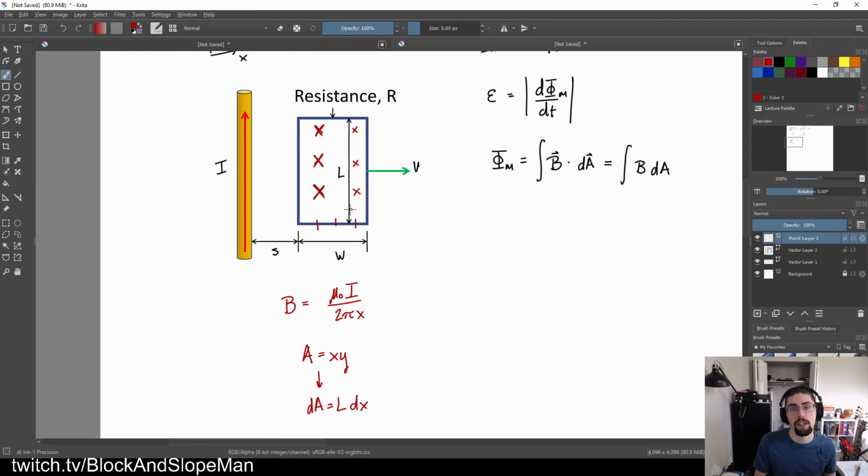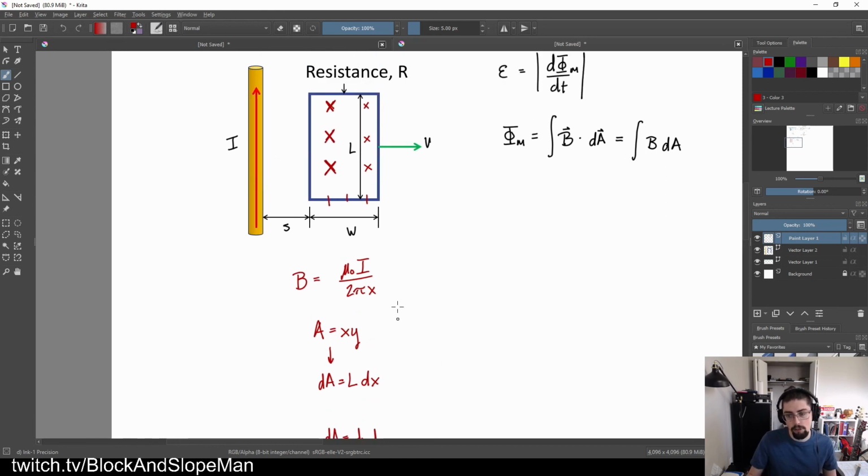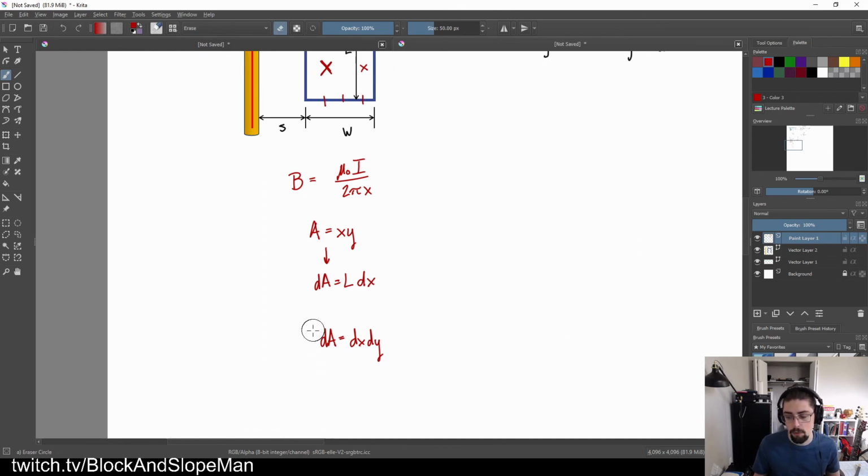So that's the variable that needs to be integrated over. Technically speaking, dA would go to dx dy. But integrating over y just gives us L, is what I should be saying with that one. But that's what we end up with.